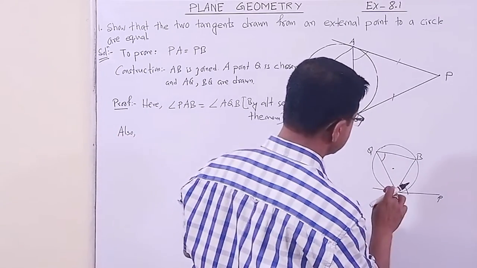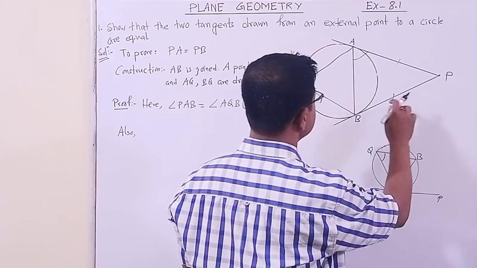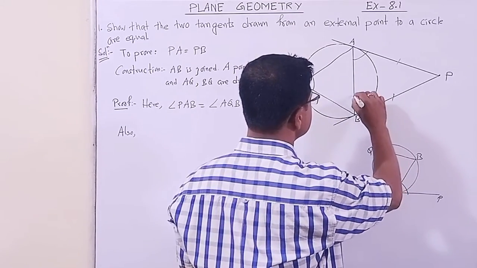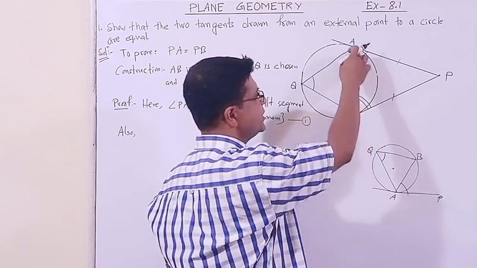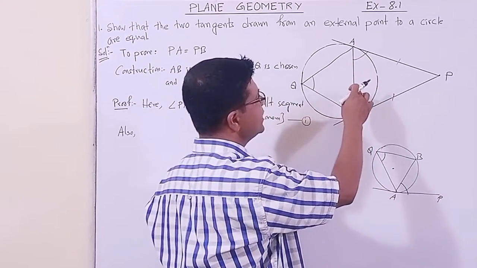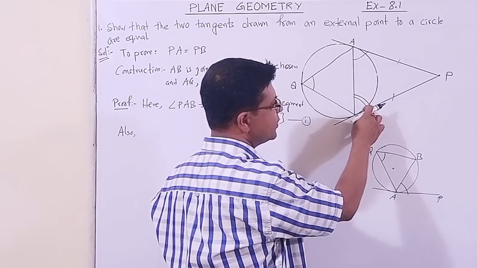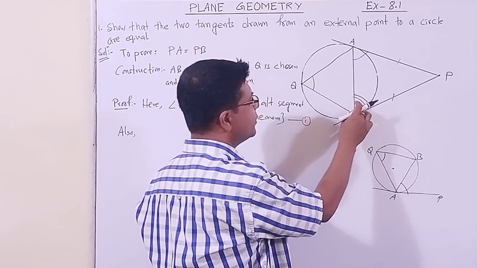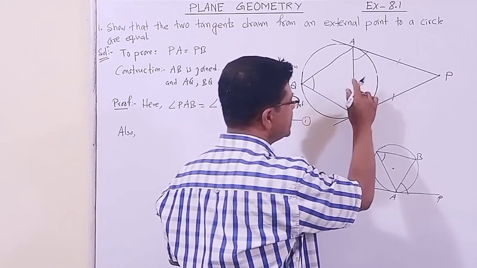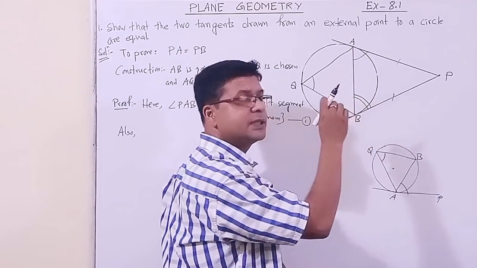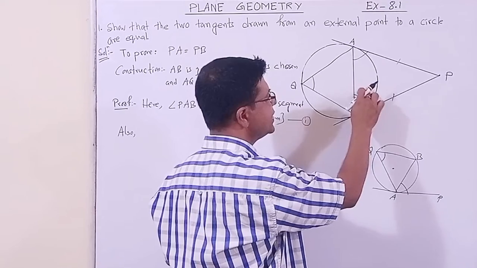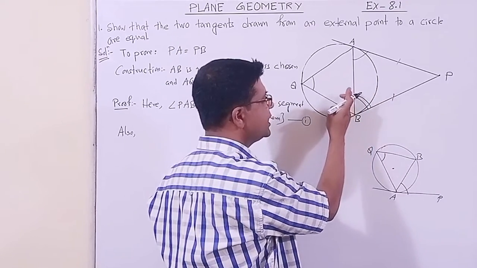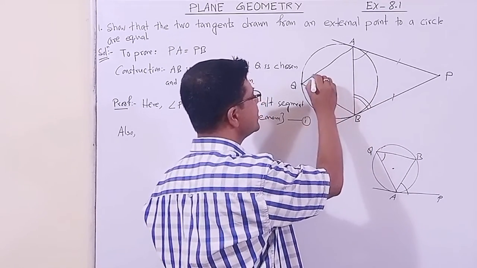Okay, now this angle we consider, this is another tangent, this is another chord. This chord makes this angle with the tangent. Now when we come to this angle, which one is its nearer one? This segment is the nearer one, so its alternate segment is this, so this angle is again equal to this angle.